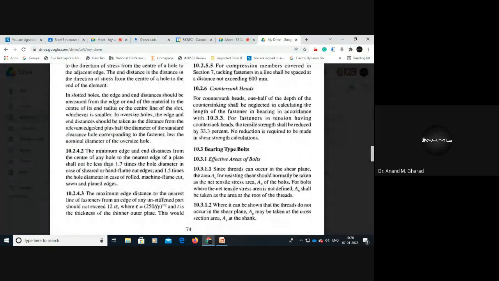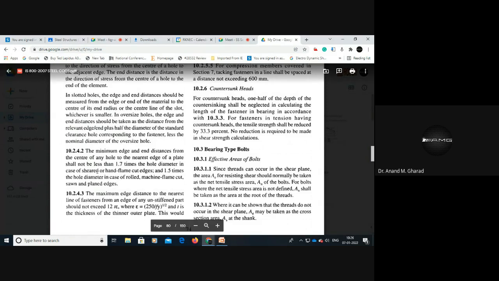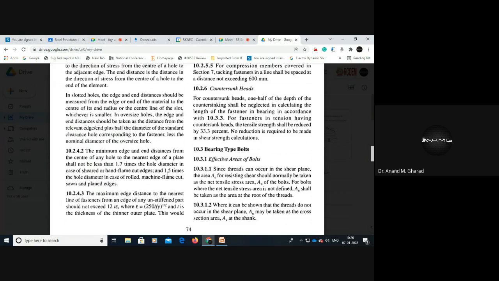So I will read it one more time. The minimum edge and end distances from the center of any hole to the nearest edge of the plate shall not be less than 1.7 times the hole diameter in case of sheared or hand flame cut edges, and 1.5 times the hole diameter in case of rolled, machine flame cut, sawn and planed edges.